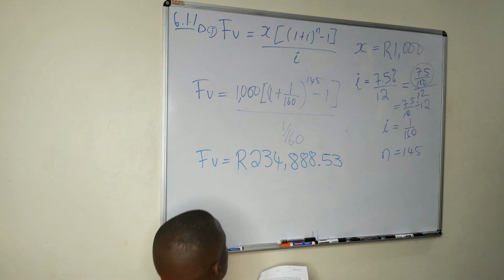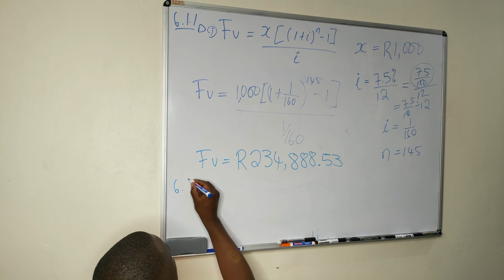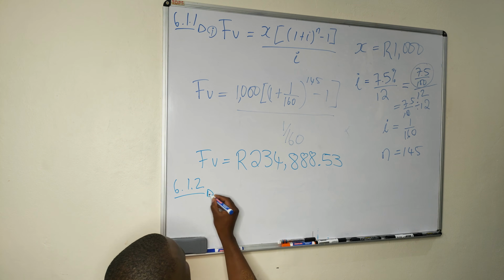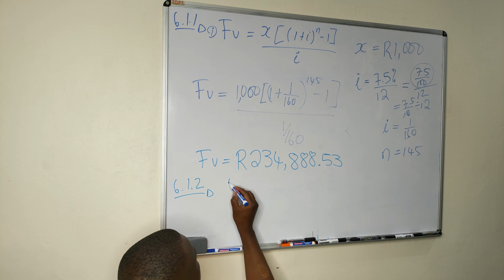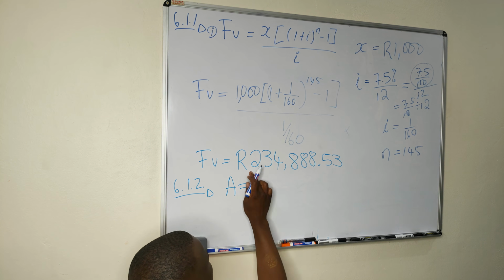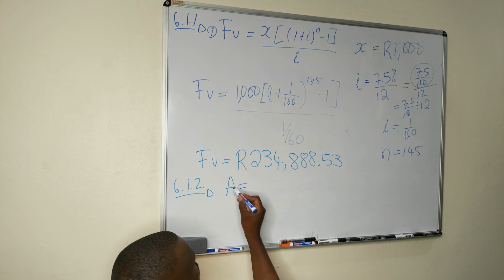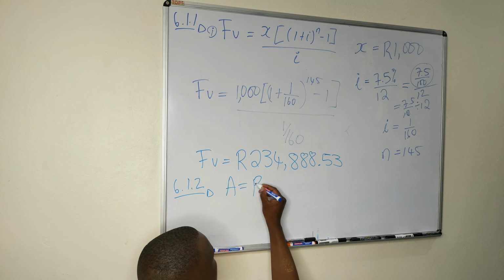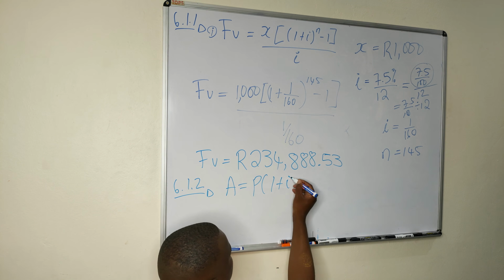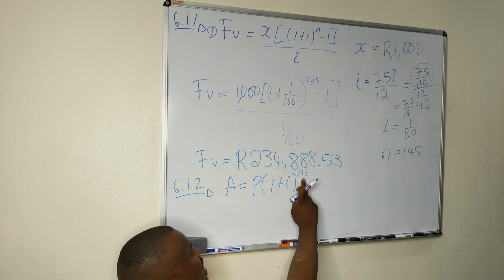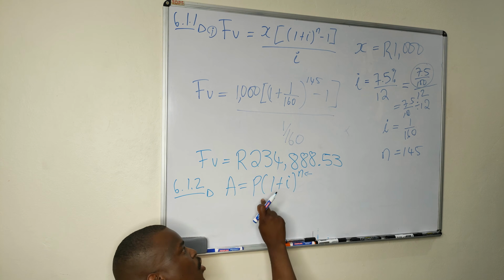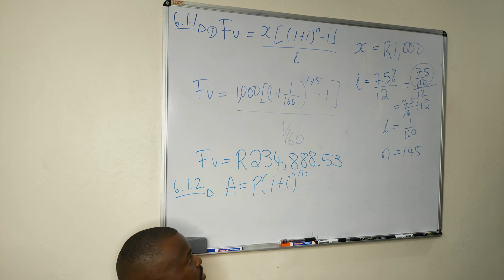So for 6.1.2 you say, my accumulated amount, because this will just accumulate in that period, is equal to principal times 1 plus interest rate raised to n. Your n is the period the money remained in the account.